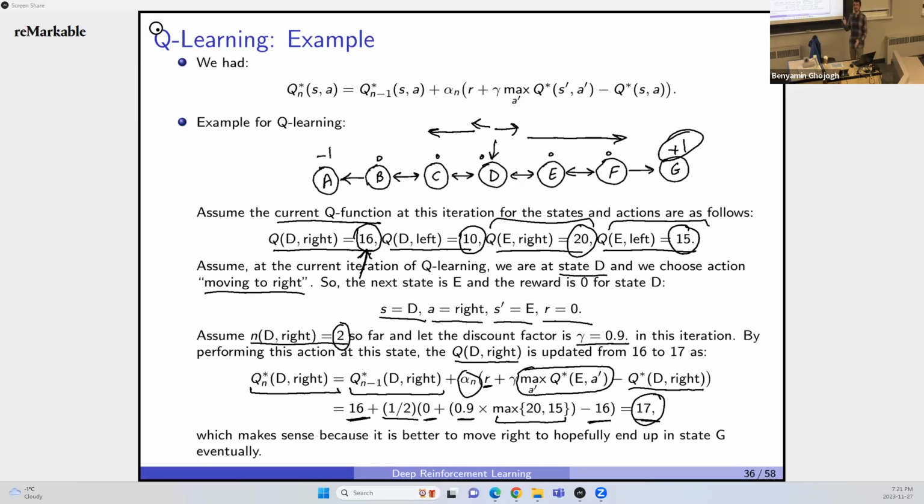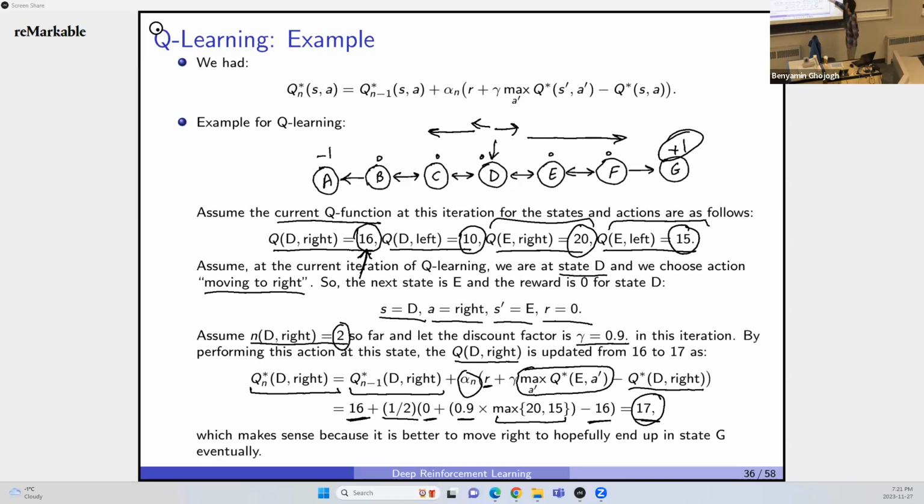Now in the test phase, what should I do after training? So I start from state D again, right? I just choose the best action. At every state, I choose the best action. How do I do that? Argmax of Q(S, A) with respect to action, right?